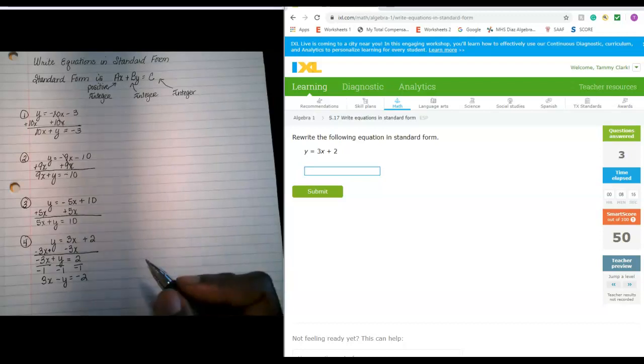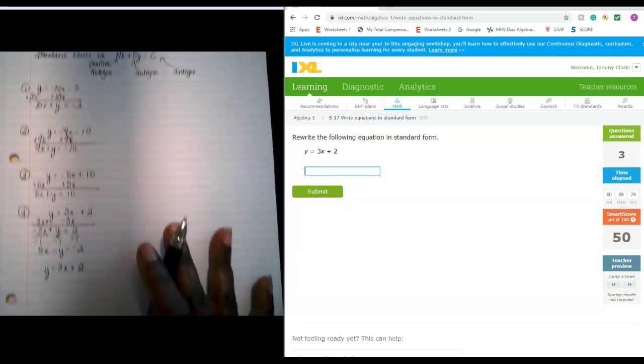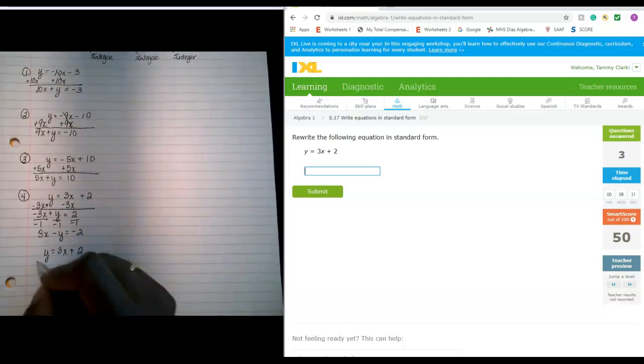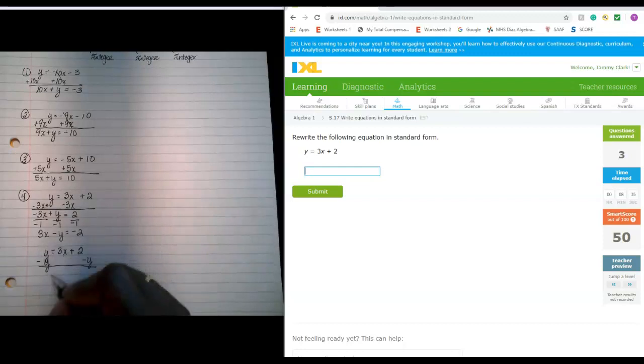Or the other way that I really could have done this would be, I could have written y equals 3x plus 2, and instead of moving the 3x, I could have simply subtracted y from both sides of the equation. That would have given me 0 is equal to 3x minus y plus 2.